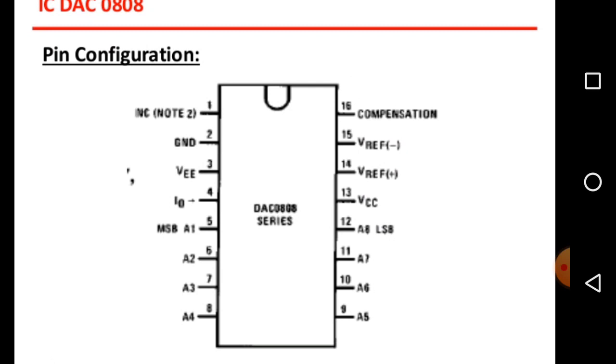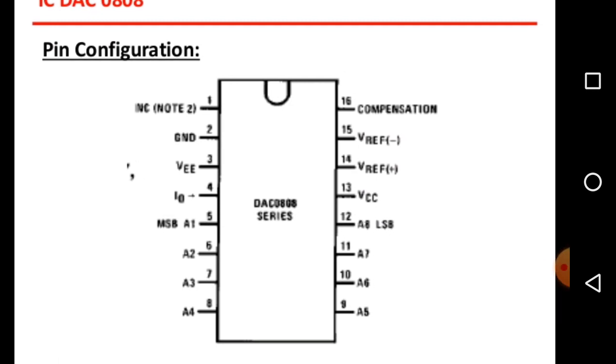Pin number 6 is A2, pin number 7 is A3, pin number 8 is A4, pin number 9 is A5, pin number 10 is A6, pin number 11 is A7, pin number 12 is A8, that is LSB, pin number 13 is VCC, pin number 14 is Vref plus, pin number 15 is Vref minus, pin number 16 is compensation.